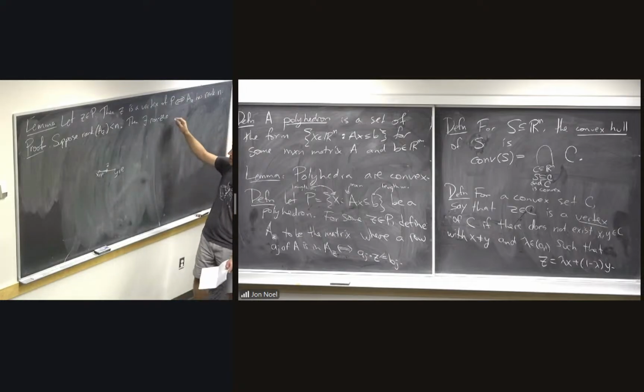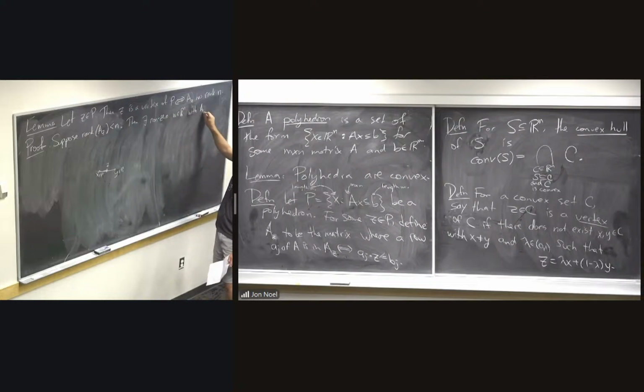So there's some non-zero w in R^n with AZ times w equals the zero vector. So this is by rank nullity.